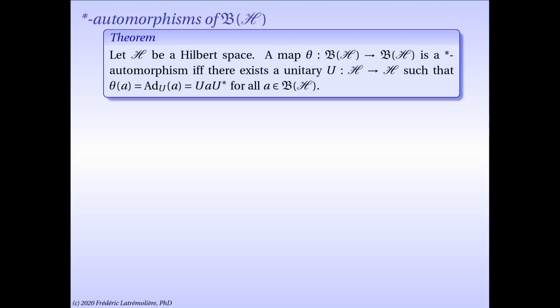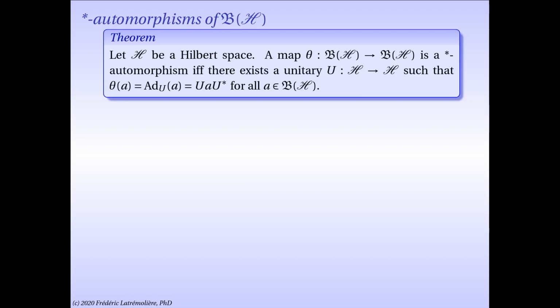Now let's look at an interesting connection between unitaries and the star automorphisms of the C-star algebra B of H of all bounded operators on a Hilbert space H. Again, H here is a Hilbert space, but theta from B of H to B of H is a star automorphism if and only if there exists a unitary u of the Hilbert space H, such that for all A in B of H, that is for all A bounded operator of H, theta of A equals u star A u.